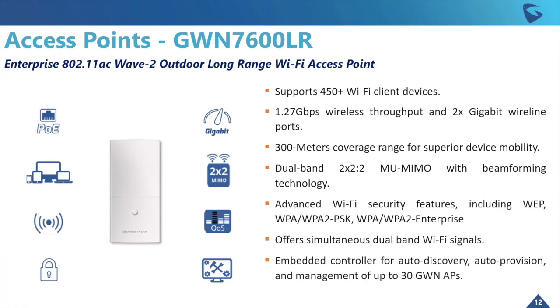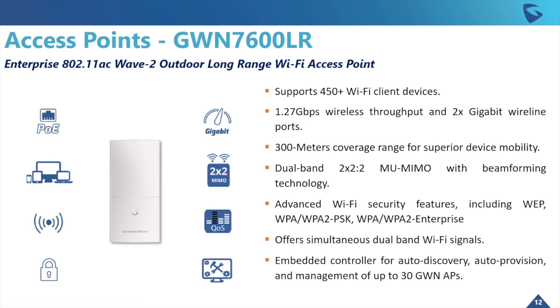It meets the IP66 standard requirements, and GWN 7600 LR can provide wireless connection to up to 450 concurrent users and wireless throughput of up to 1.27 gigabits per second. It comes equipped with dual band 2x2 multi-user MIMO with beamforming technology and sophisticated antenna design for extended Wi-Fi coverage range of up to 300 meters.